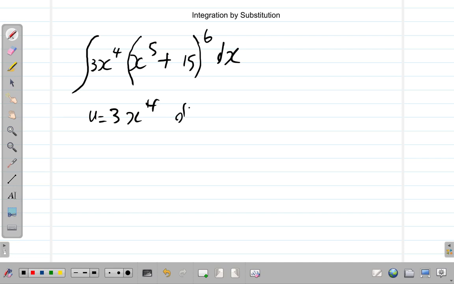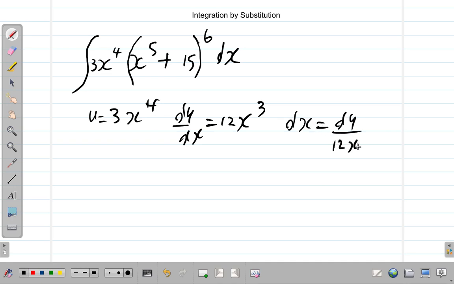Then you find du by dx. It would be 4 3's, 12x cubed. And then when we put the x cubed in there, we should find some other x cubed to cancel it, because we're going to transpose for dx, and we get dx would be du over 12x cubed. And there's no x cubed here to be cancelled by this x cubed. Right?